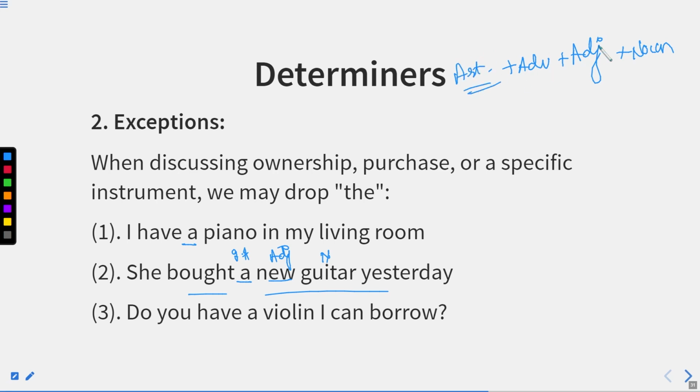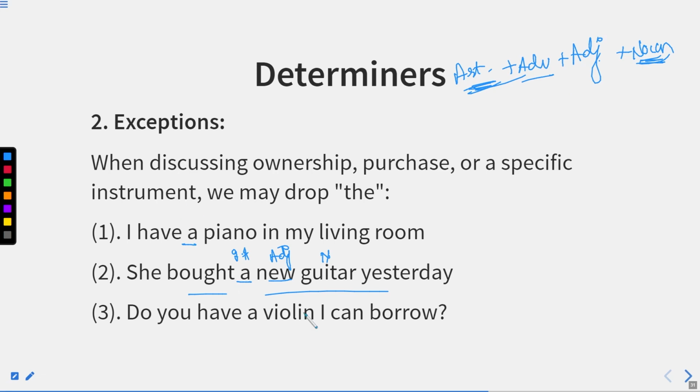Now, what happens? This noun is mandatory over here. If we drop this adverb, then it is fine. If we drop this adjective as well, it is fine. It means if we are not using these adverbs and adjectives, that is also fine. But the noun should be there to use this article.